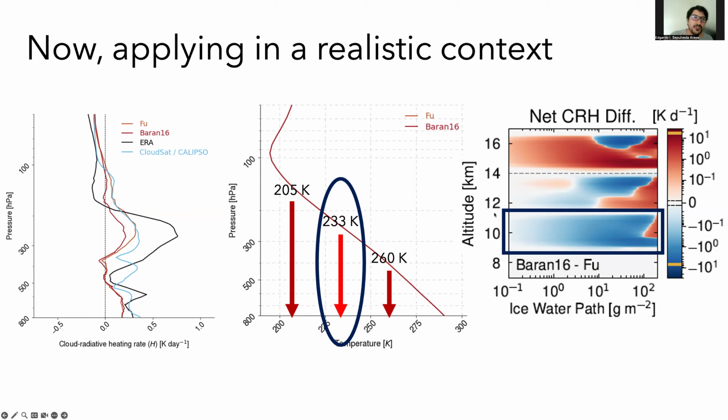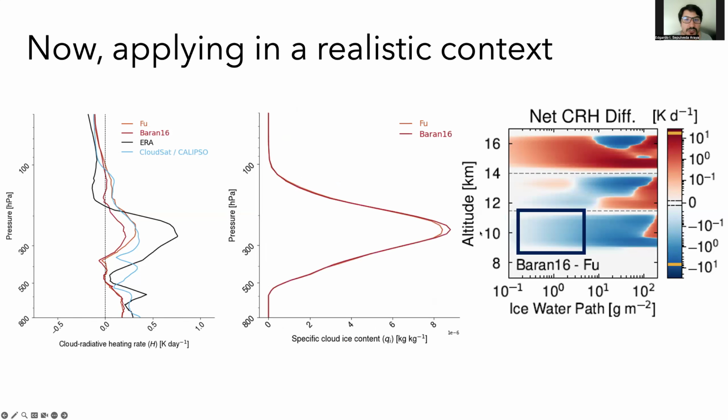So, for example, we can ask to test the ice water path, when we compare the Baran 16 against full, the net cloud-radiative heating difference, and we say, okay, we can take this block here, the highest temperature or lower altitude, to see if there is a correspondence or match between the idealized single column simulation and the ICON simulation. And also we can, for example, look at the ice-water mixing ratio profile. So this is the cloud profile. And we say, yeah, the highest difference, the highest delta of heating rate corresponds to the peak of the ice-water mixing ratio.